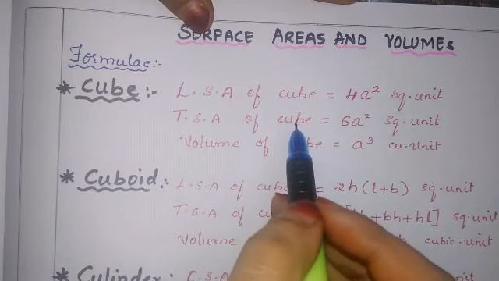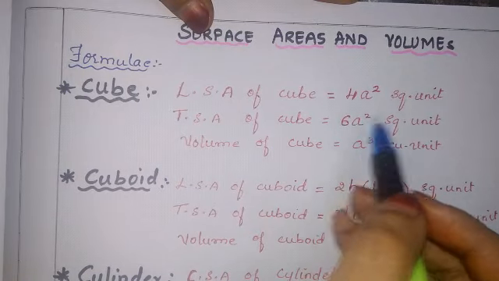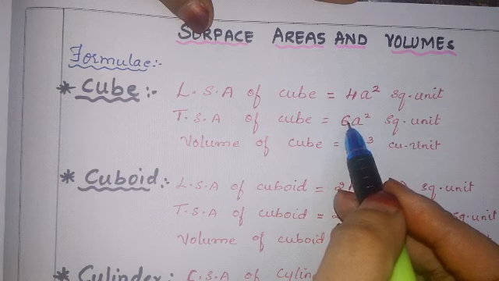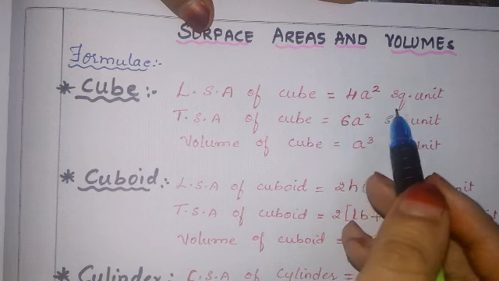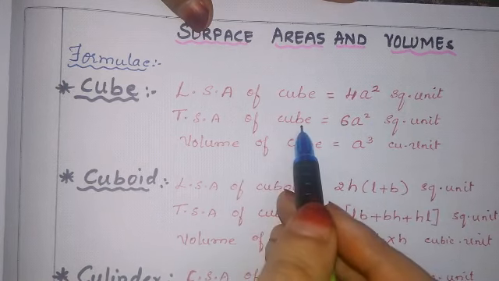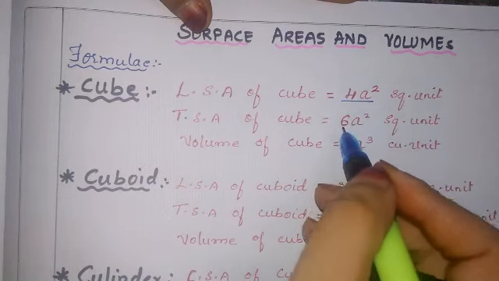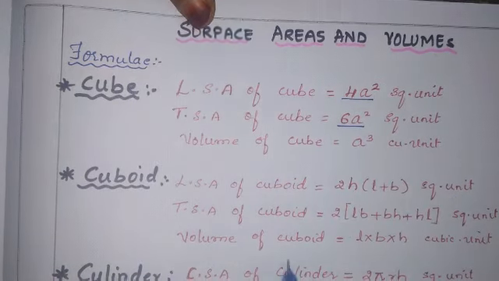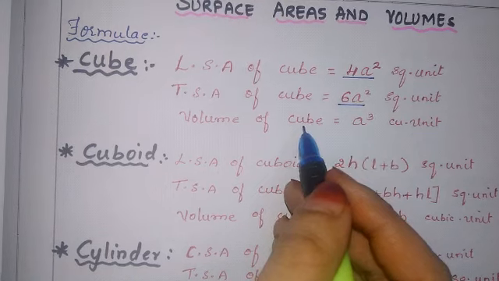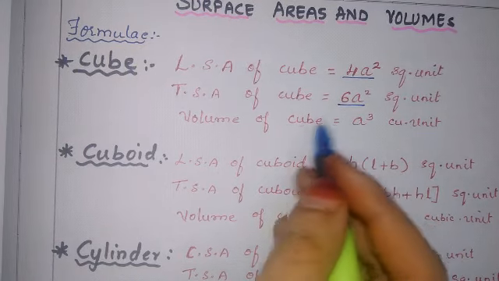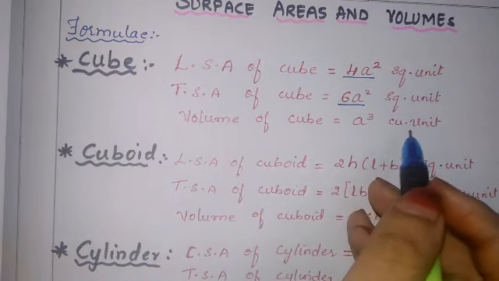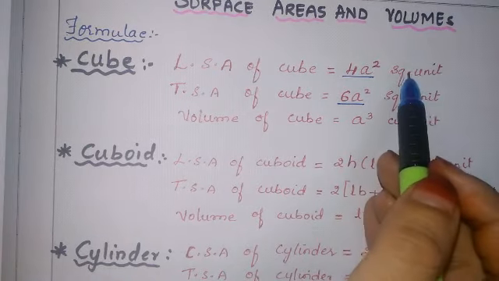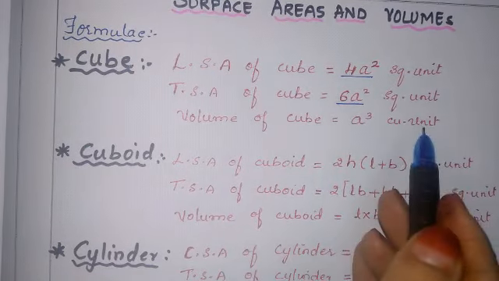Likewise, total surface area of cube is 6a square, square unit, that is 6 into side square. You should learn this formula by heart and understand it. Next, volume of cube is a cube. Volume is always in cubic unit, area always in square unit.